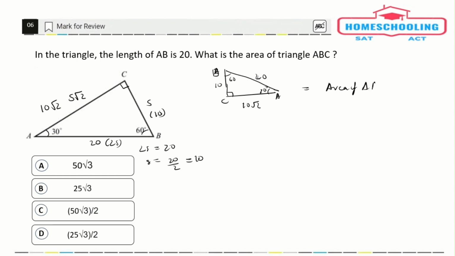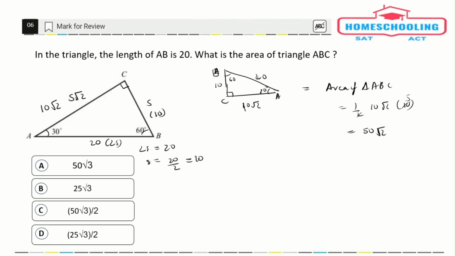So as we know, the area of right triangle ABC is half into base CA, that is 10 root 2, into height, that is BC, into 10. So this will go 5 times. So this would be 50 under root 2.